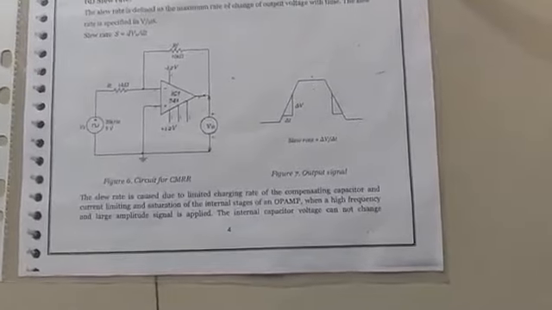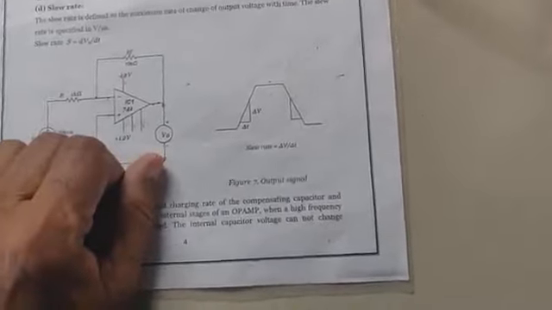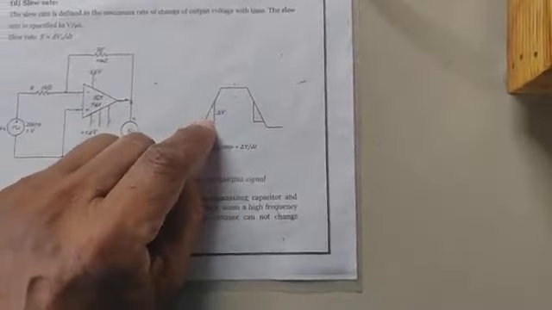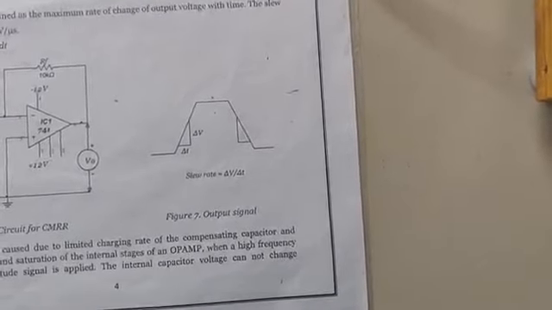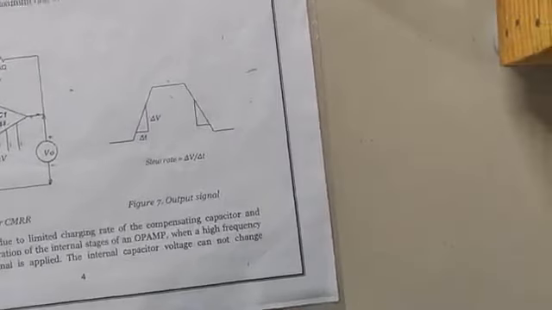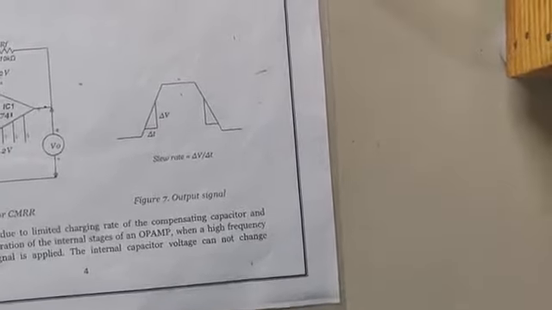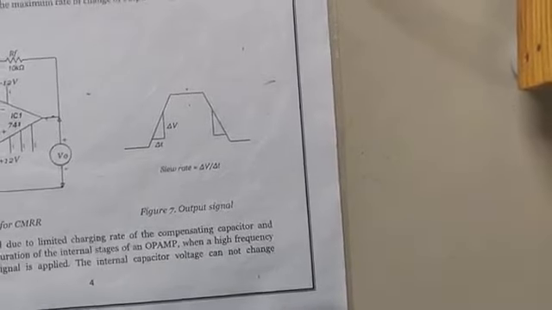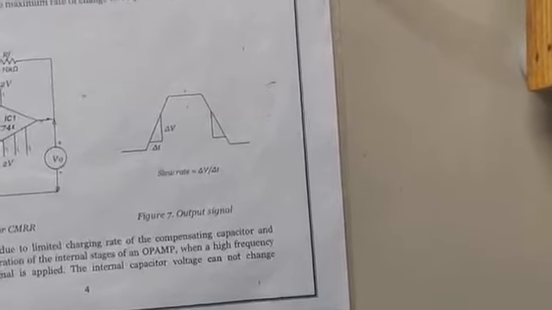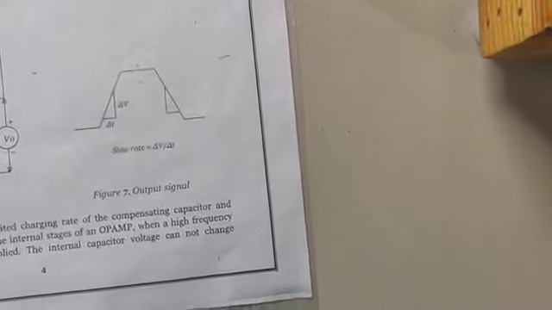So CRO has to be connected at the output, and we have to visualize these waveforms. You can see that input you have given is the square wave. Output is going to be delayed. That means you have studied in digital electronics that if you are giving the input signal, which is exactly a square wave, the transition time changing from low to high, that is TR, and TF, the transition time when output changes from high to low, should be ideally 0. But it is not going to be 0. That is going to be delayed.